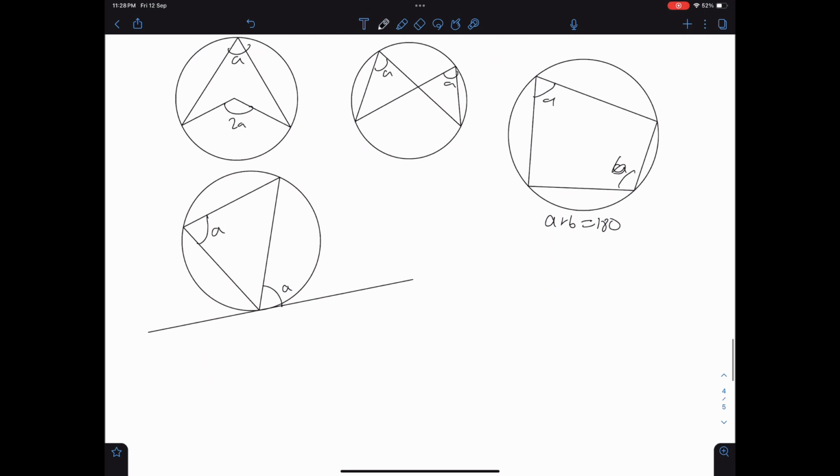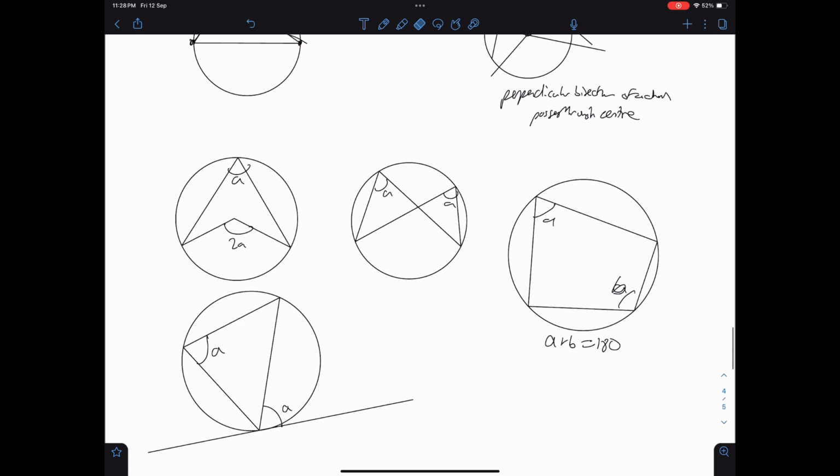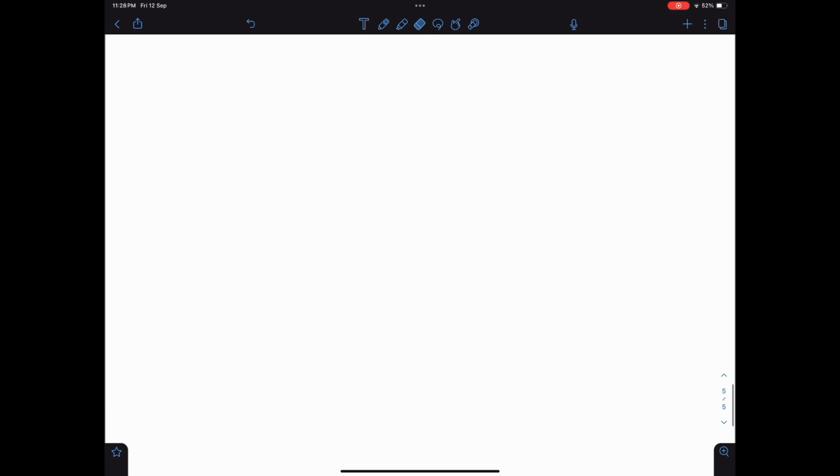And obviously you'll need to know the other angle rules with straight lines and polygons, and circular measure as well. So now we'll move on to the algebra side: intersections with a line.